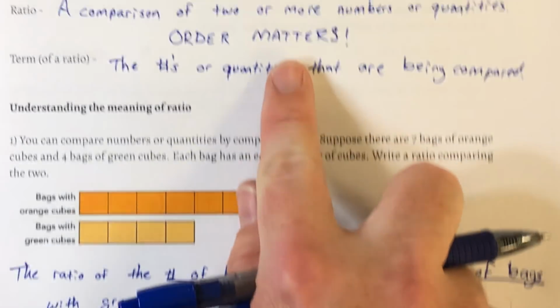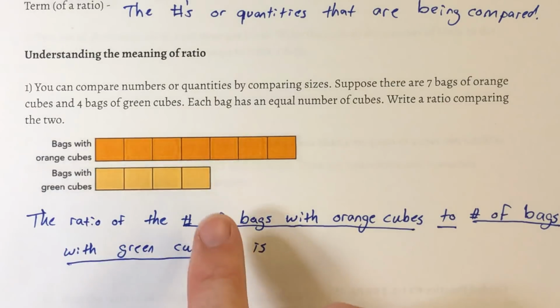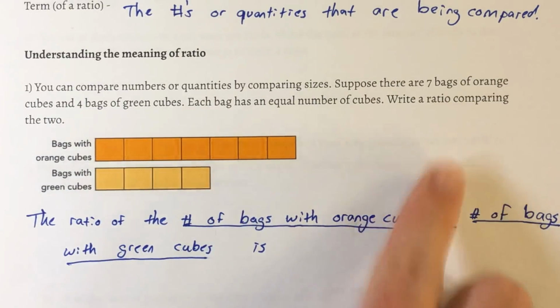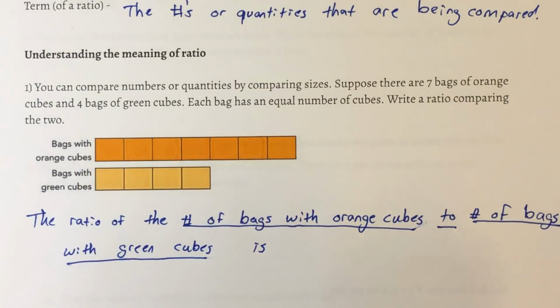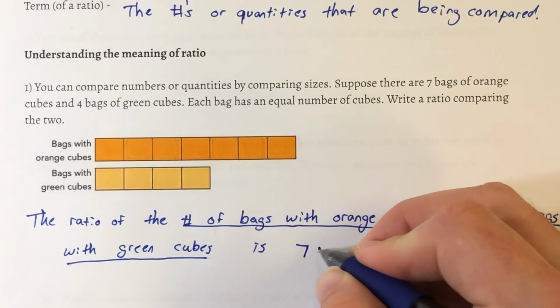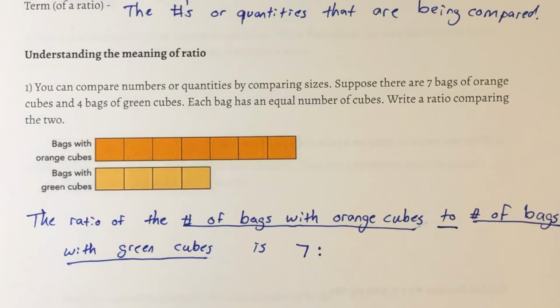So like we said, order matters. So the first thing that I see is ratio of number of bags with orange cubes. So number of bags with orange cubes, 1, 2, 3, 4, 5, 6, 7. So I write 7 first. And then we write the colon. That represents your word "to." So this is 7 to.